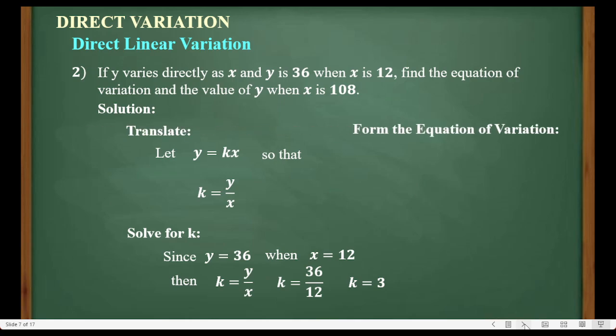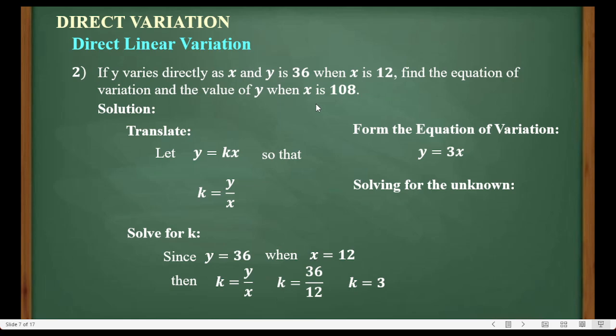And then, upon getting the value of k, we can now form the equation of variation. Taken from this translated mathematical equation, we replace k by its value 3, so the equation becomes y equals 3x. After forming the equation of variation, we can now compute for the required unknown, since the final value of x is given as 108.